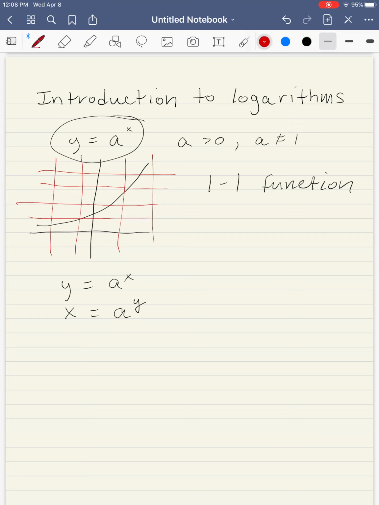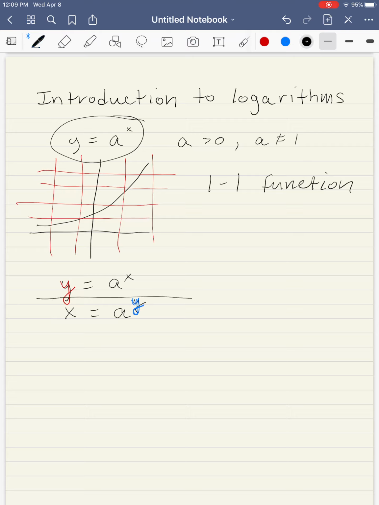So this y is the result if we take some number to a power, and this y is the exponent to which we would take a to get x.